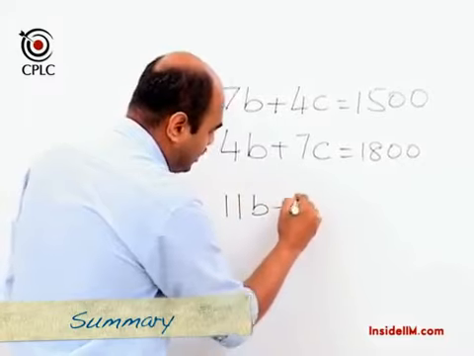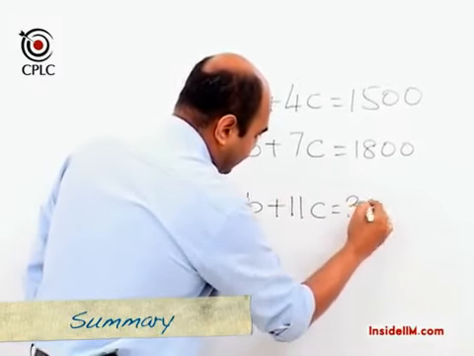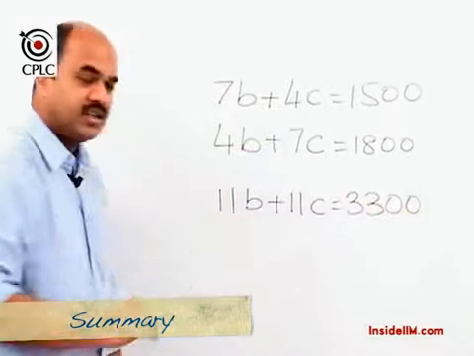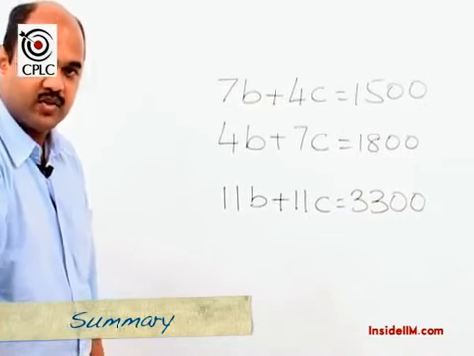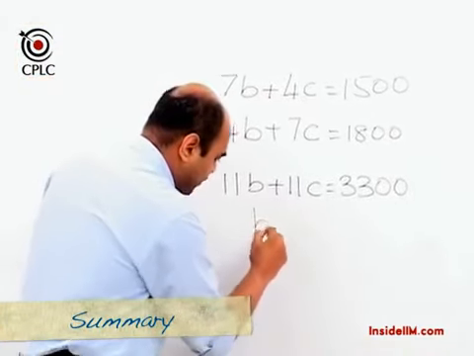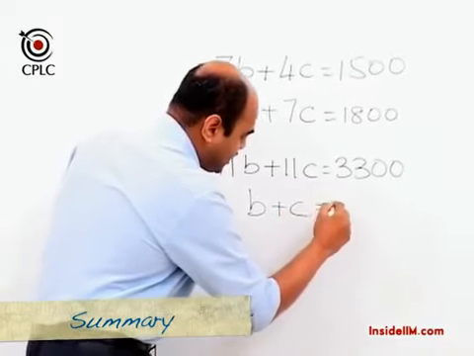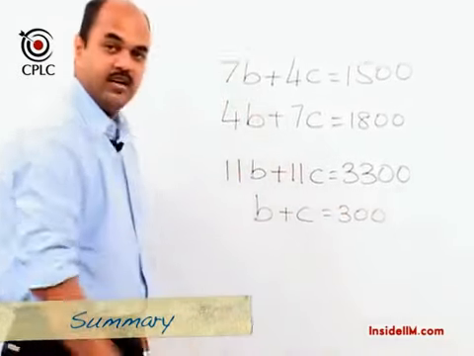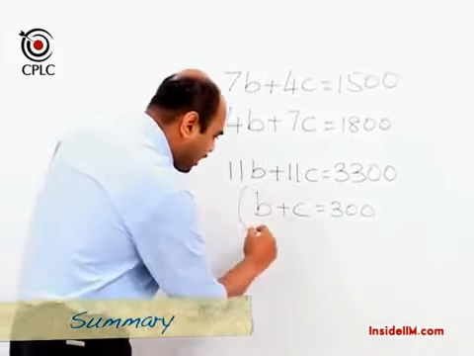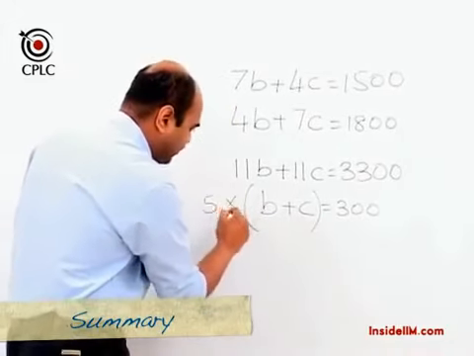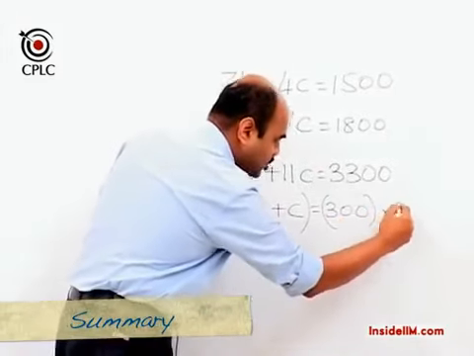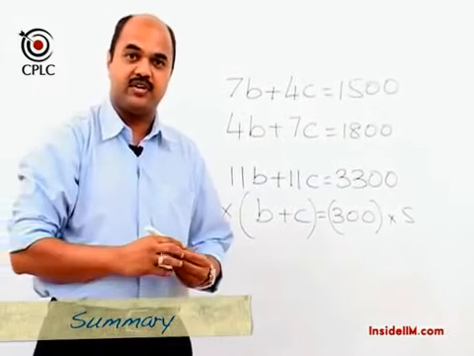If we add the 2 equations, we get 11B plus 11C is equal to 3300, which can be simplified as B plus C is equal to 300. And now if I multiply this by 5, then I would have used up my 1500 rupees.